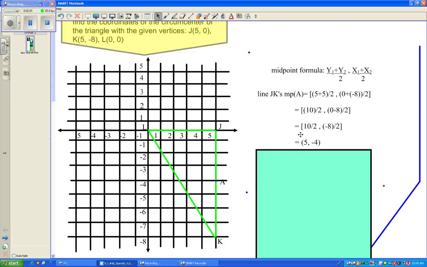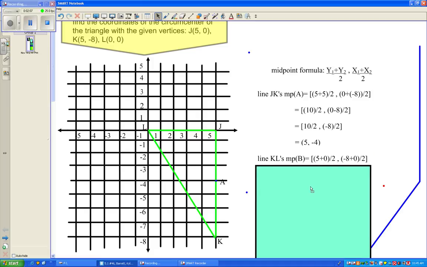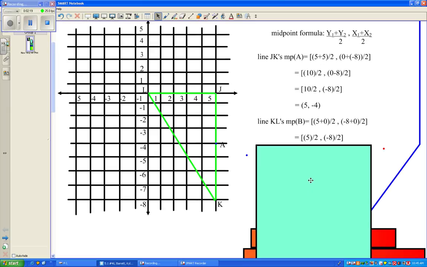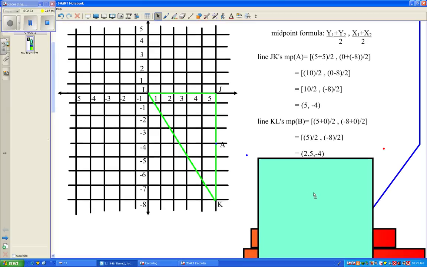So now we're going to do the next line's midpoint. Line KL's midpoint, B. And that's 5 plus 0 divided by 2, comma -8 plus 0 divided by 2. So we simplified that, and that's 5 divided by 2 and -8 divided by 2. So that equals (2.5, -4).